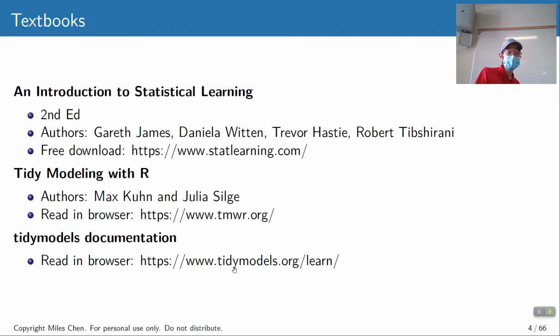And then there's also just the tidymodels documentation. This is an important skill, and we don't have a class teaching this skill, but being able to read and understand documentation for programming and software is very, very important, because once you graduate and move on, new software is going to be released, okay?